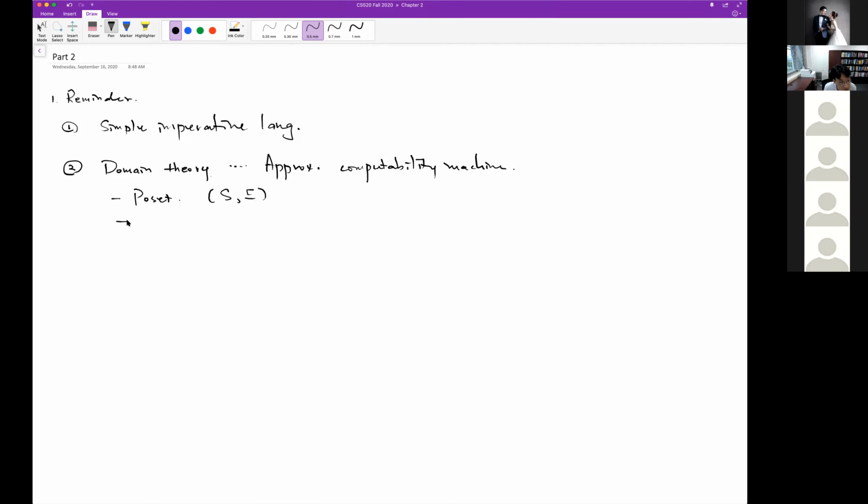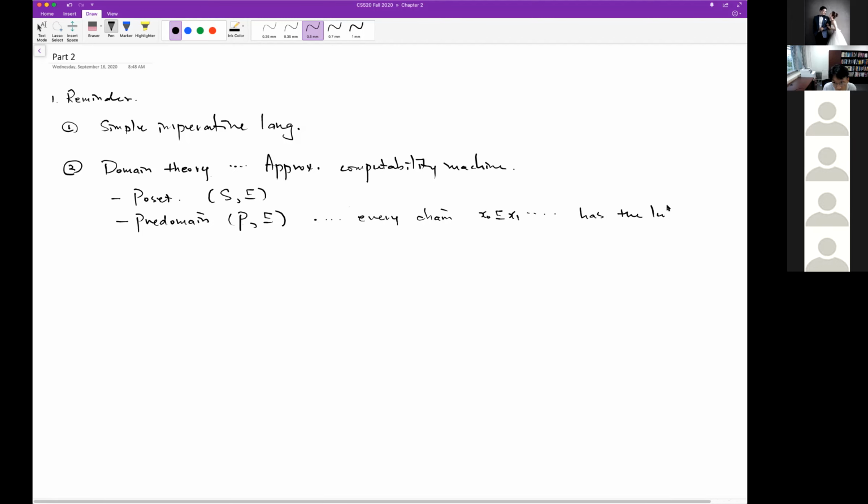Then we learn about the so-called predomain, typically written P: a poset where every chain has a least upper bound, not least fixed point, least upper bound, which I will write LUB.